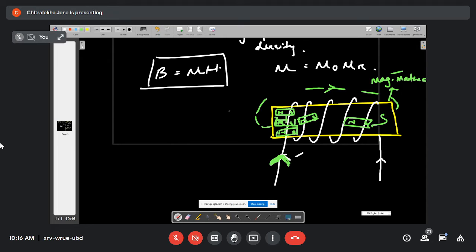Inside the magnetic material, the molecular magnets are arranged in an orderly manner. Obviously, the flux lines will not intersect each other. Am I clear up to this? Yes, ma'am.